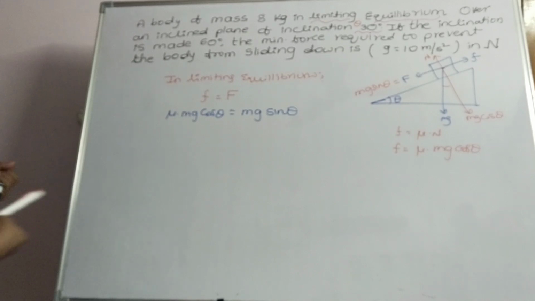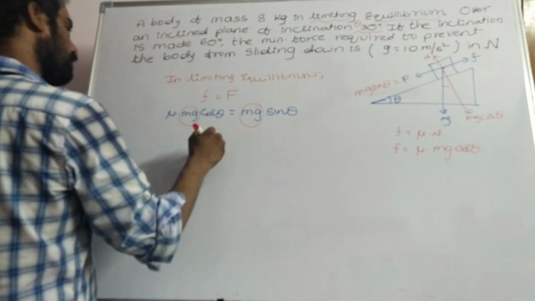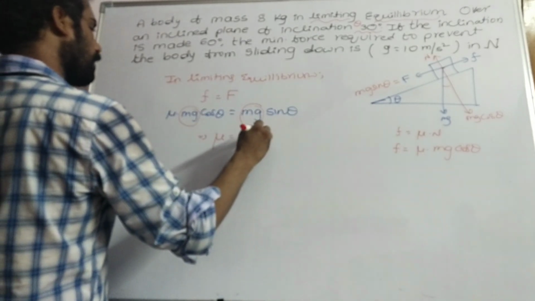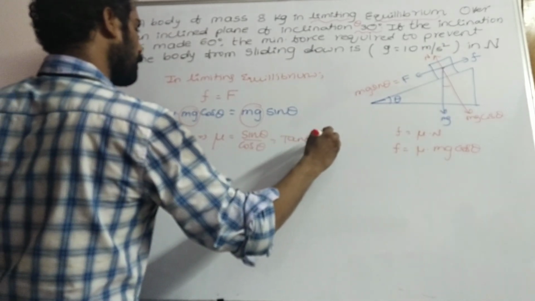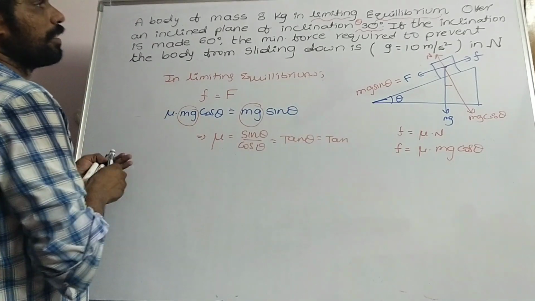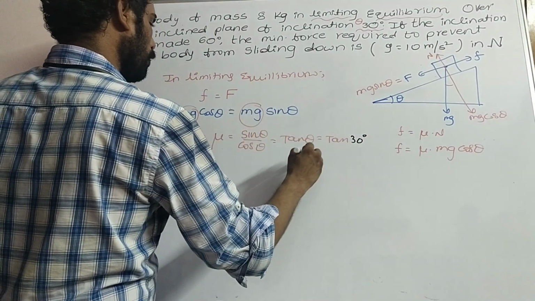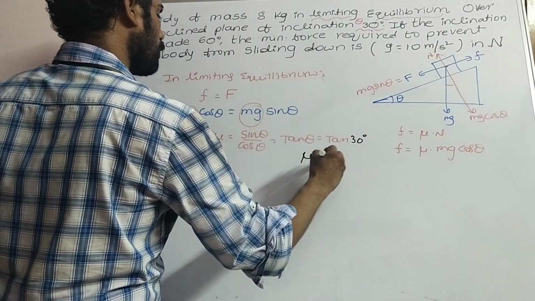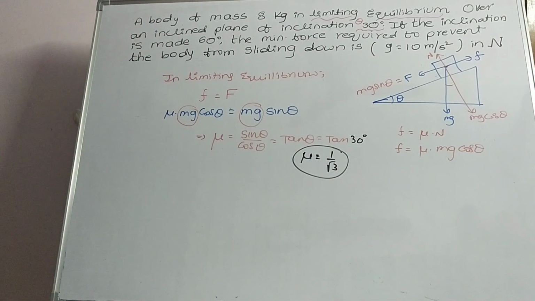Now mg gets cancelled. That implies mu is equal to sin theta by cos theta, that is tan theta, that is tan 30 degree. So mu is equal to 1 by root 3, that is the coefficient of friction.